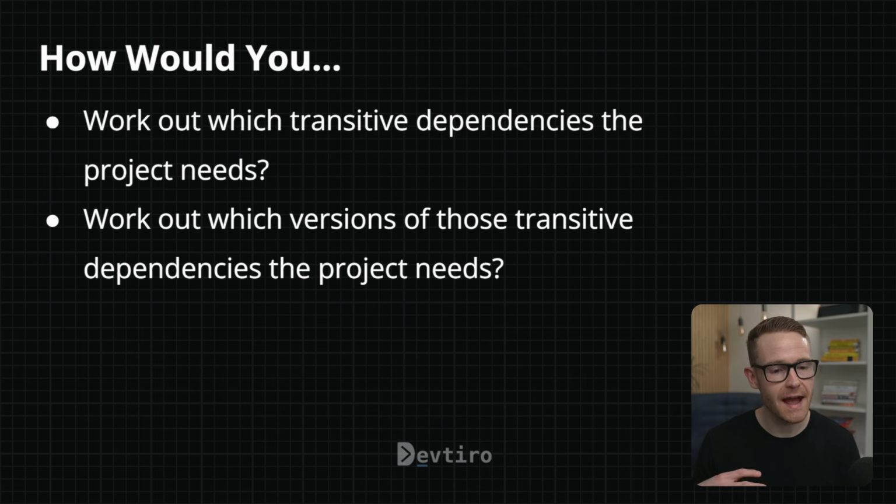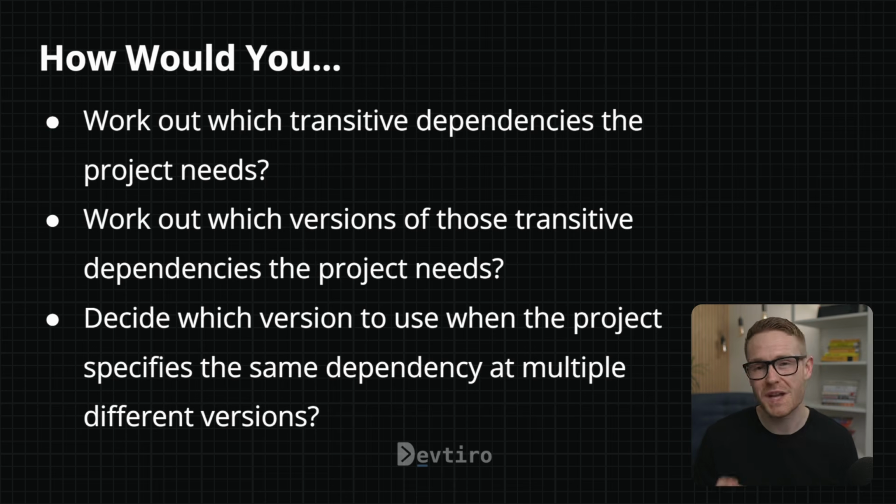How would you work out which versions of those transitive dependencies that your project needs? How would you work out which version to use when different dependencies declare different versions of the same dependency? Because after all, you can only use one version of each dependency. Even if you don't have answers to these questions, I think we can agree it sounds complicated, and it is.